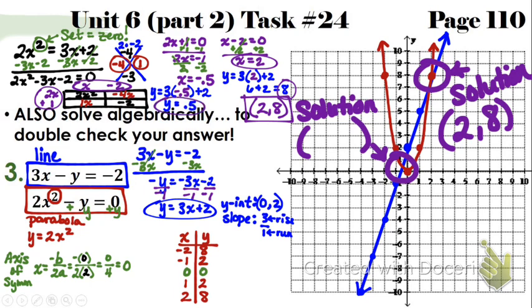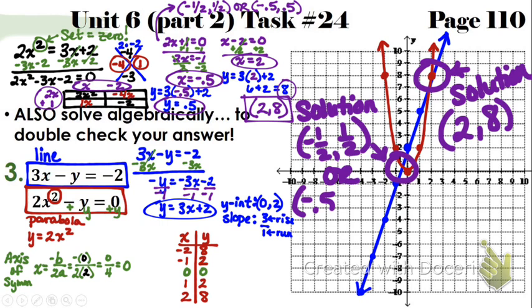So this ordered pair, I absolutely ran out of room to do it: negative 1/2, positive 1/2. Or you can write it in its decimal form of negative 0.5, 0.5. That would be our other solution.